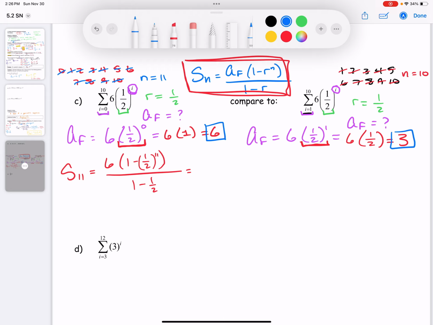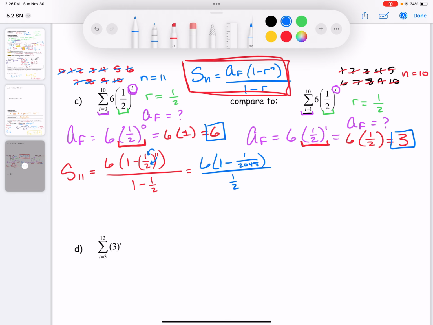So, order of operations. Whenever you have a fraction raised to a power, both numbers in there are raised to that power. So I end up with 6 times 1 minus 1 to the 11th power is 1. 2 to the 11th power is 2,048. And 1 minus 1/2 is 1/2.